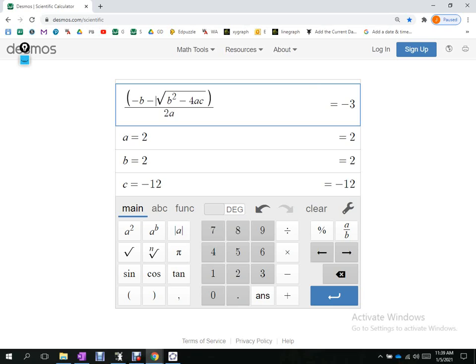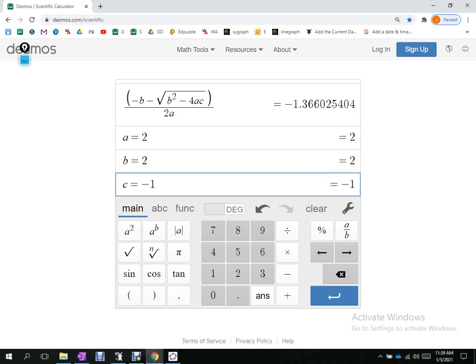Is that doable? Okay. Again, you can use this, but do not rely on it, because what happens when that is a 1 or a negative 1 instead of a negative 12, that number we are going to want written a different way, and the calculator won't do that, okay?